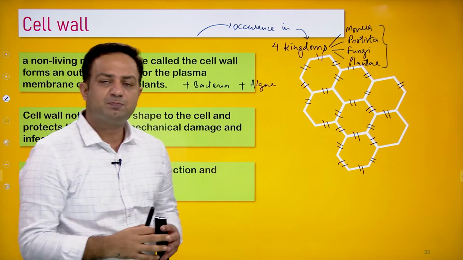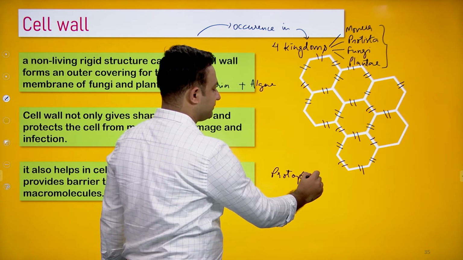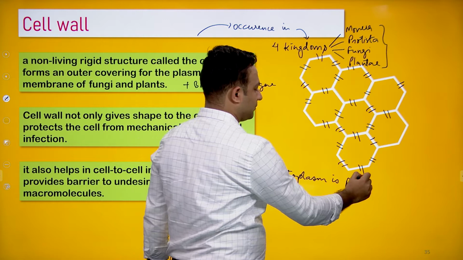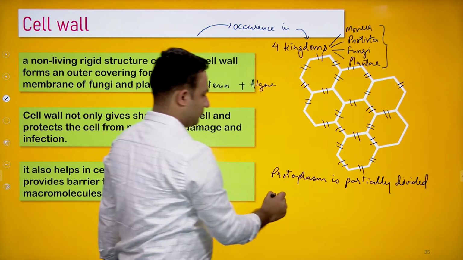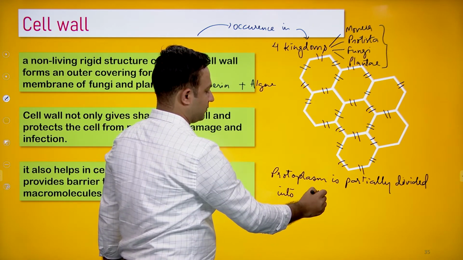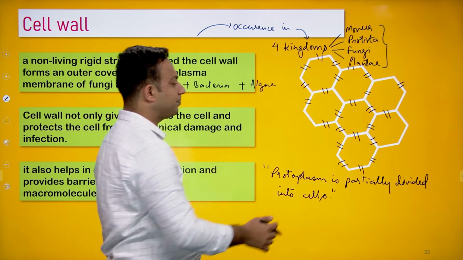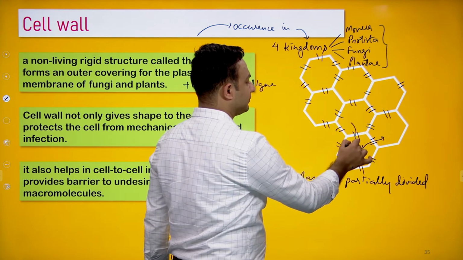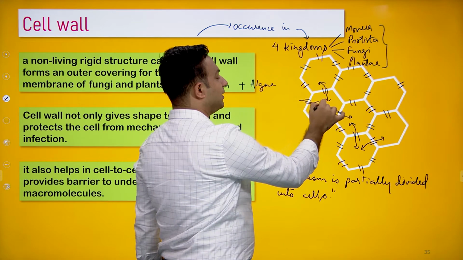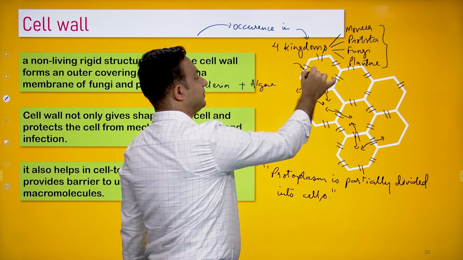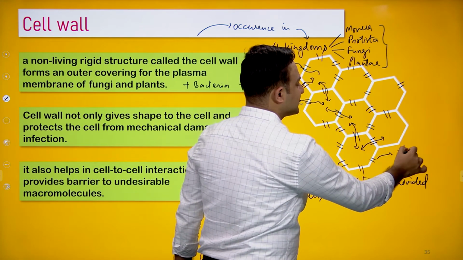It seems like the protoplasm is partially divided into cells, because there is a continuity of protoplasm from one cell to another. So this is the way by which the cell wall is helping in interaction, exchange of substances. These connections are called plasmodesmata.